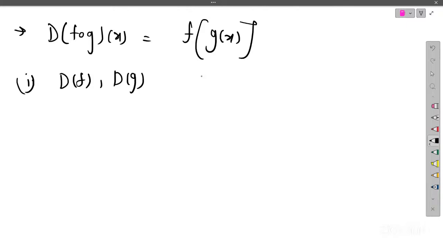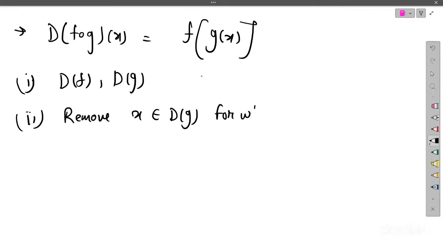Then, to find the domain of f composite g, you have to take care of all those x for which f of g of x is not defined. That means we have to remove all those x from the domain of g, because ultimately we can take only those x which belong to the domain of g. So we have to remove all those x from the domain of g for which g of x is not a part of the domain of f.